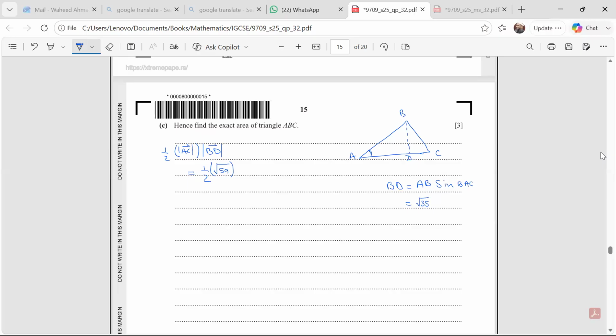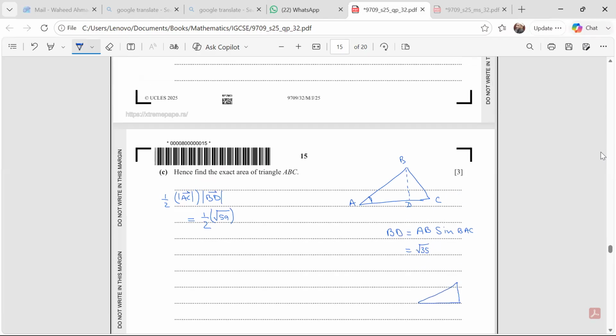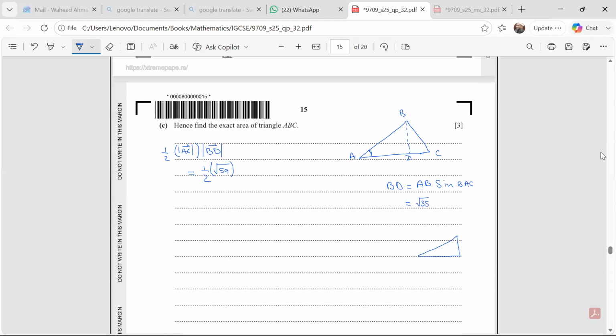Now, how do we find the sine of BAC? Imagine I have a triangle and the cosine is, how much was the cosine we found before? 35 over 59, so one side is root 35 and the hypotenuse is root 59. Then the cosine of this angle is root 35 over root 59. Can we find the length of the other side?